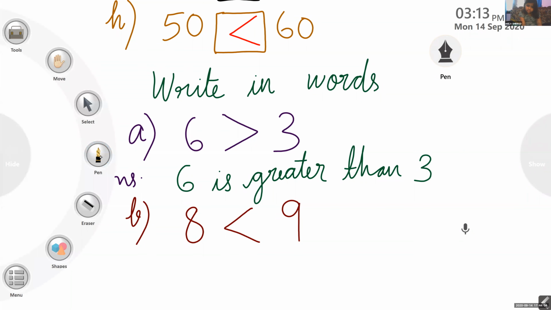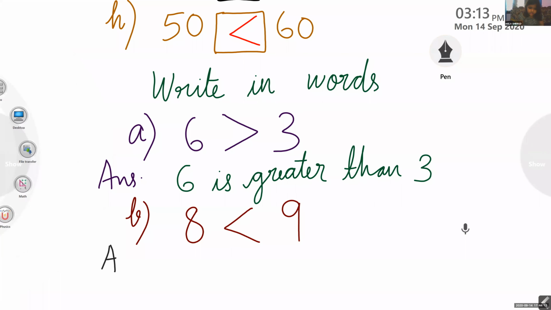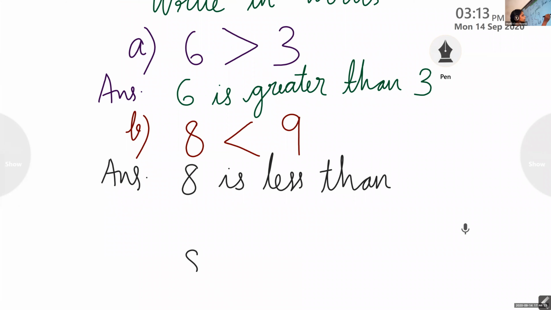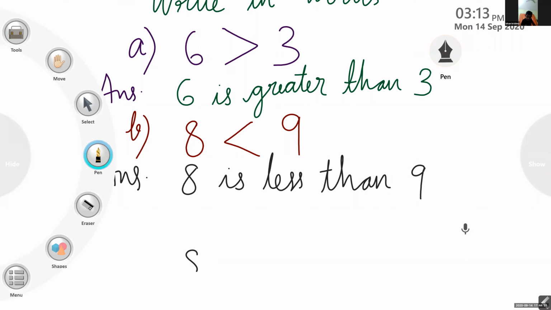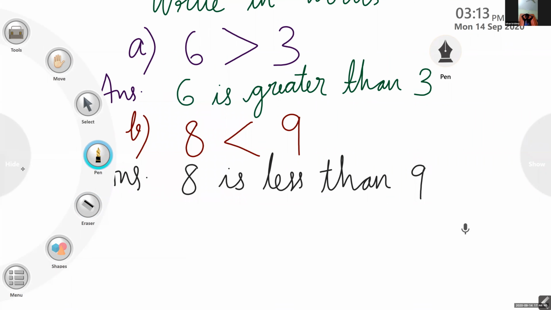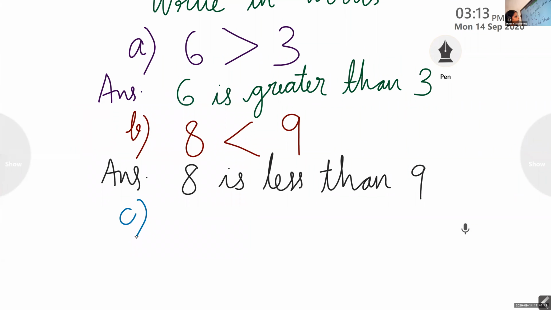Less than. Very good. 8 is less than 9. Okay, write it: 8 is less than 9.